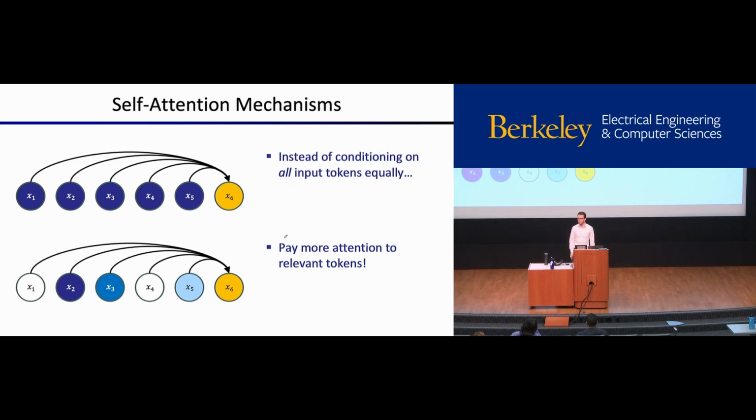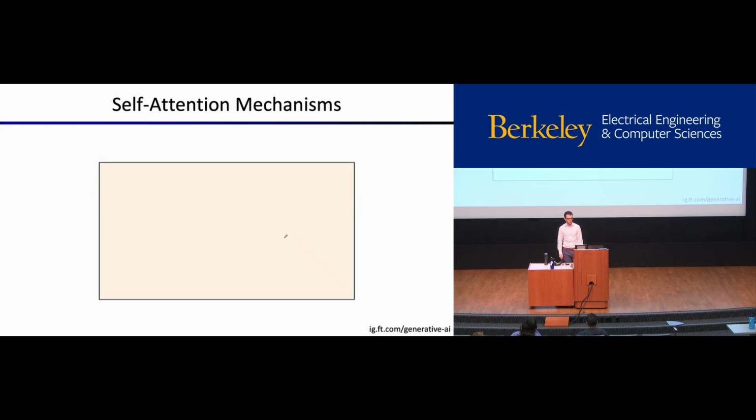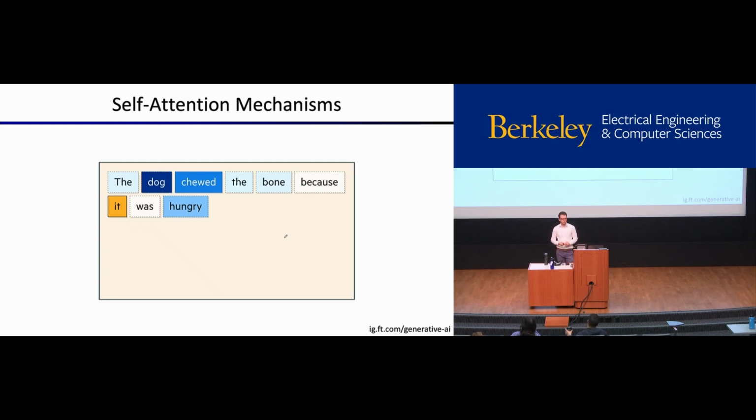How does that work in sequences of text? Well, imagine we have this sentence: The dog chewed the bone because it was hungry. If we were looking at the word it, that's why I've highlighted it here, what is it referring to? Take a look at this. Is it referring to dog or bone? Yeah, dog, right? It was hungry. The dog was hungry. That's why the dog chewed the bone.